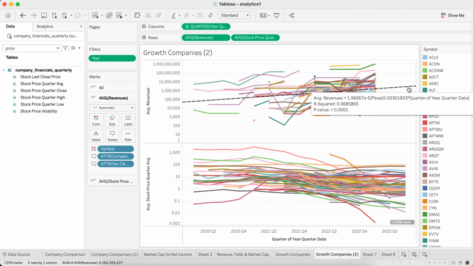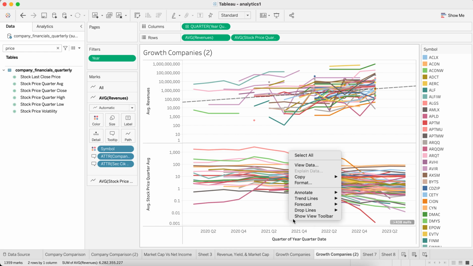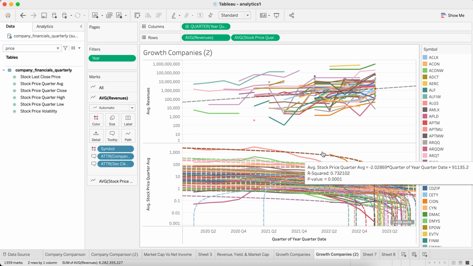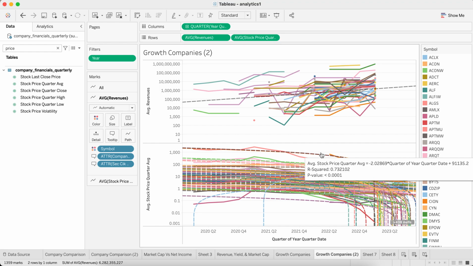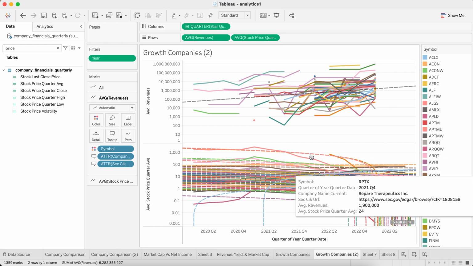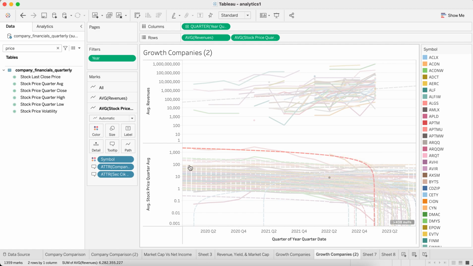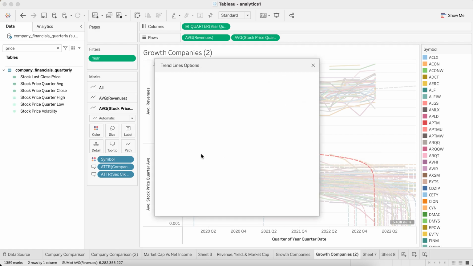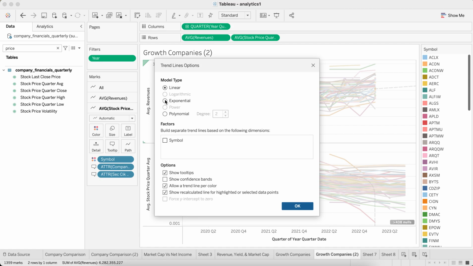There's a linear relationship between these baskets of stocks and them growing in revenue, yet for some reason their stock prices, which perhaps really depends on the number of shares outstanding, you can't really compare the stock prices themselves.